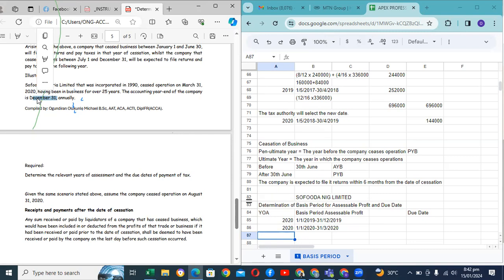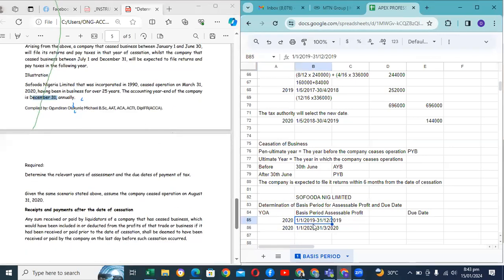So we have an account from 1st January 2019 to 31st December 2019, and that will be assessed to tax in the 2020 year of assessment. So that's the first one. Then the next basis period starts a day after this one: 1st January 2020 to the date on which it ceases operation, that's 31st March 2020.